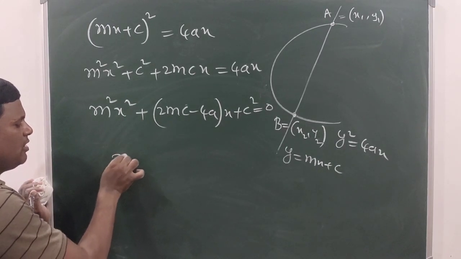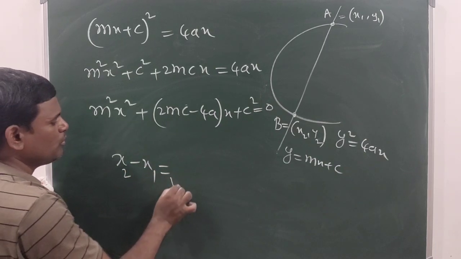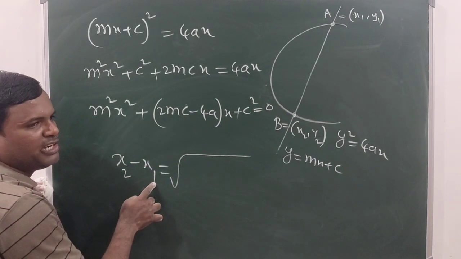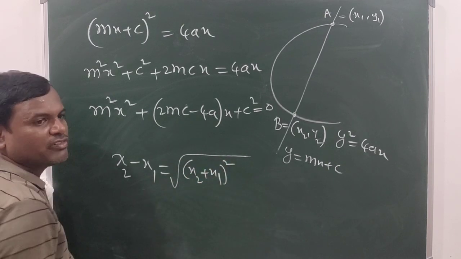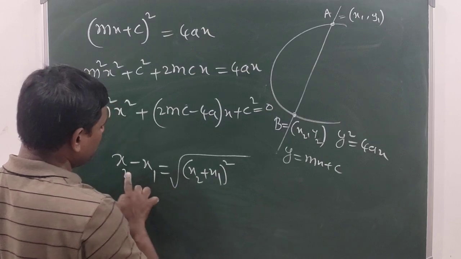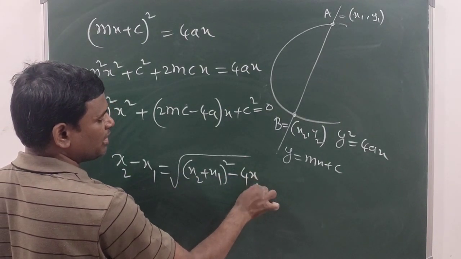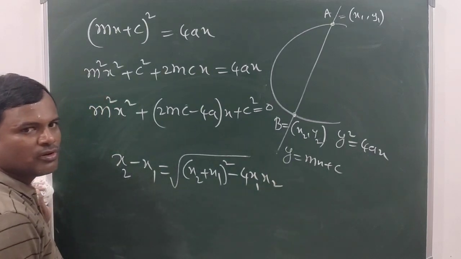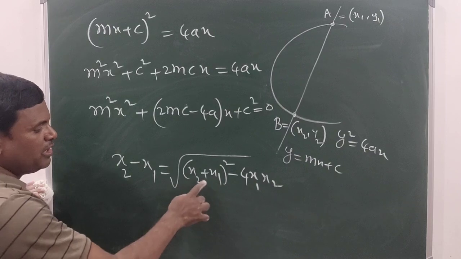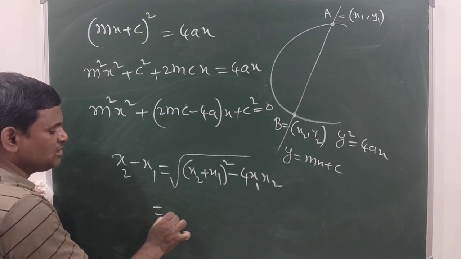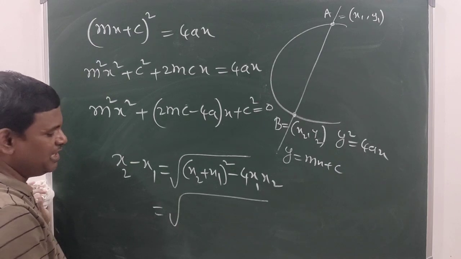Okay, right. Now if you want x2 minus x1, what you have to do? You know, (a minus b) whole square is equal to (a plus b) whole square minus 4ab. So (x2 minus x1) whole square is (x2 plus x1) whole square minus 4 x1 x2. So x1, x2 are the roots of this equation. Here x2 plus x1 means we want the sum of the roots. Sum of the roots formula, you know, is minus b by a.